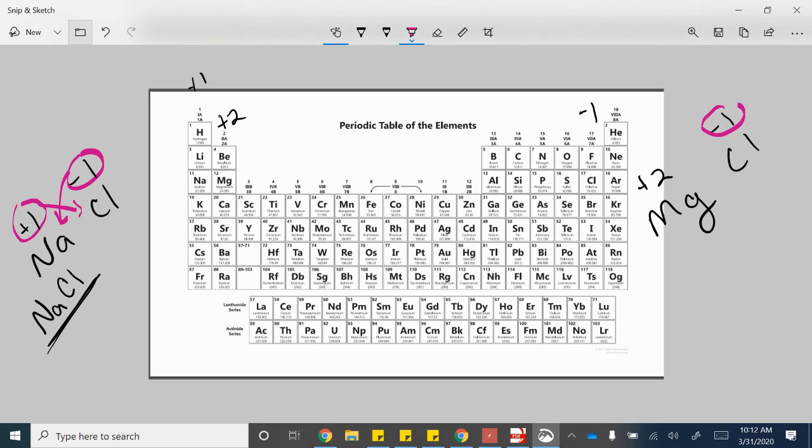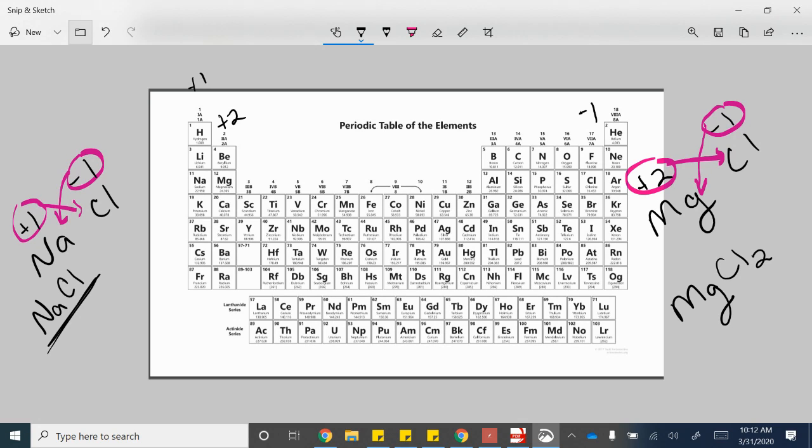For every 1 magnesium, I need 2 chlorines. So when I write this, I need 1 magnesium, so I won't put a subscript because I just need 1. And for every 1 magnesium, I'll need 2 chlorines. The 2 subscript tells me I have 2 chlorines. When there's not a subscript, that means we just have one of that element.